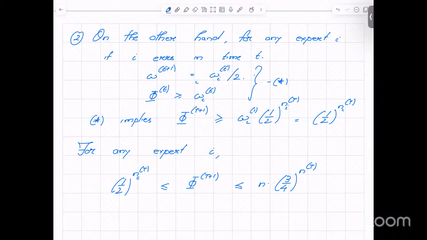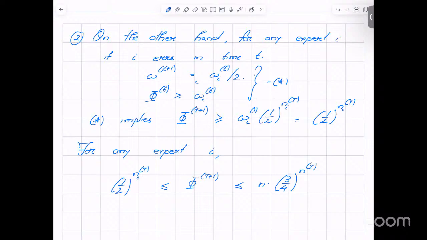And this is at least the summation over i in n of wi of t plus 1, and you want to claim this is wi of 1 into half to the power ni of t, for i in n. That's all.